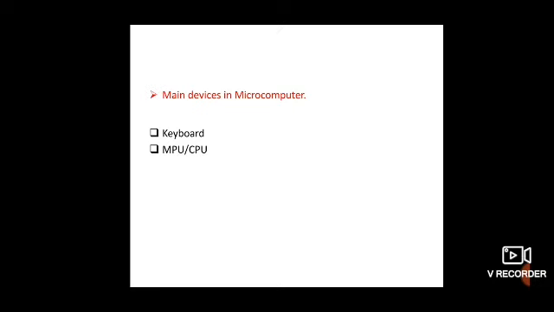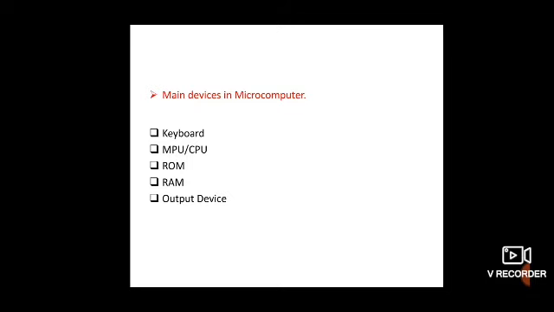This part is very important for the system. Then storage devices means ROM, RAM, that is program memory or data memory. Already we have seen the difference between program memory and data memory. And the last one is output device, that is monitor.